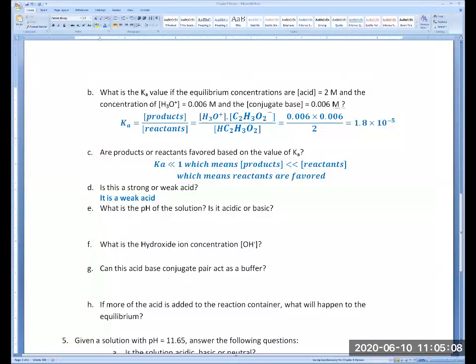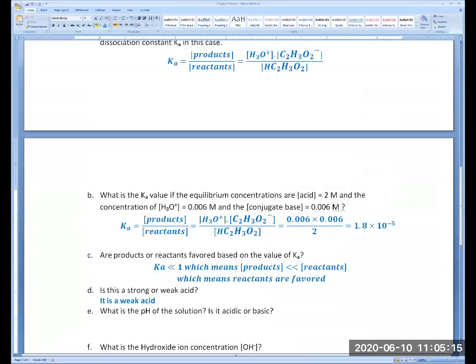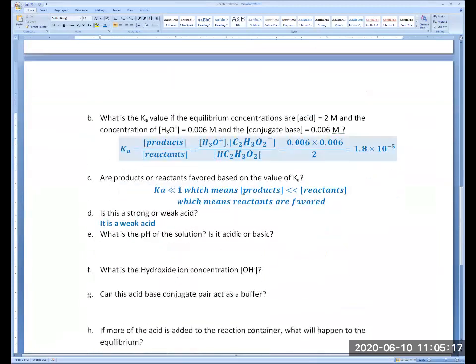So what is the pH of the solution? And so here we have the concentration of H3O plus is 0.006. Let's rewrite it here. We have that.